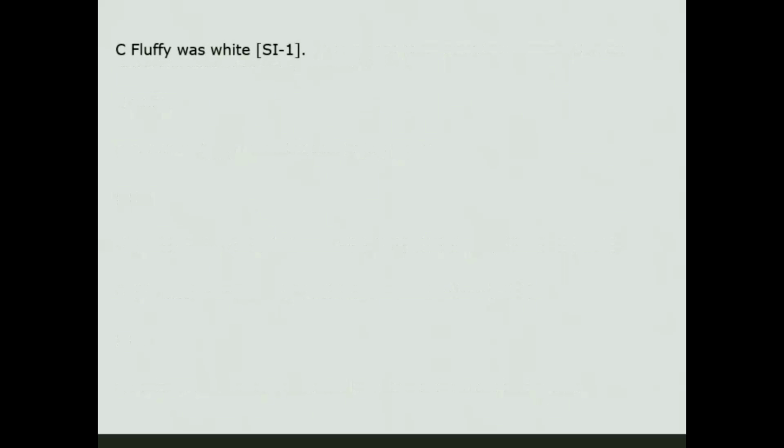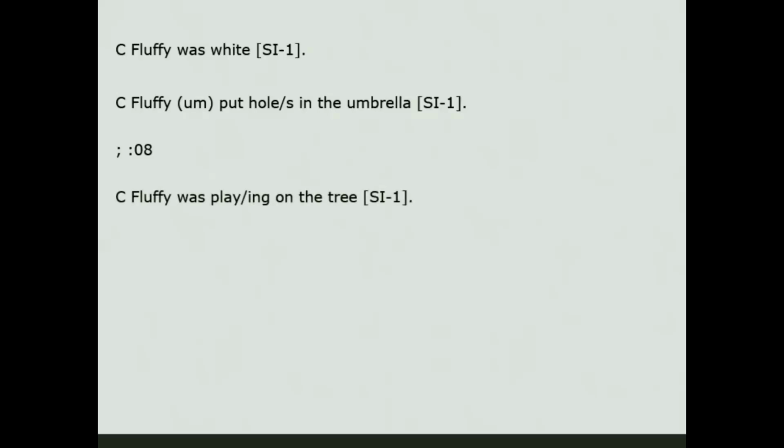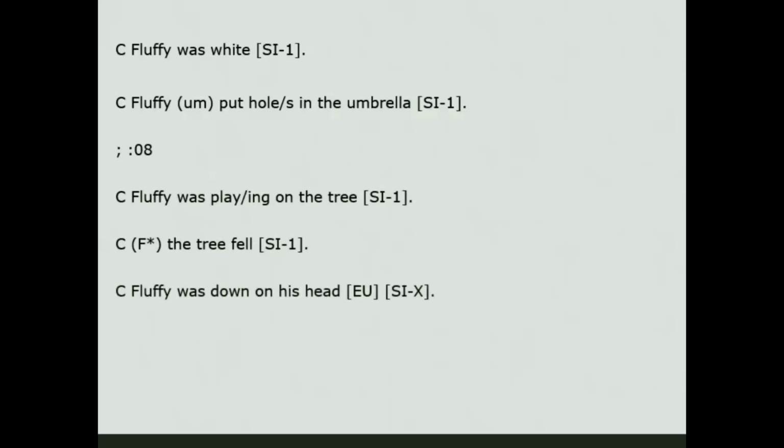Fluffy was white. Fluffy put holes in the umbrella. Fluffy was playing on a tree. The tree fell. Fluffy was down on his head. Fluffy was taking a shower for 15 minutes.